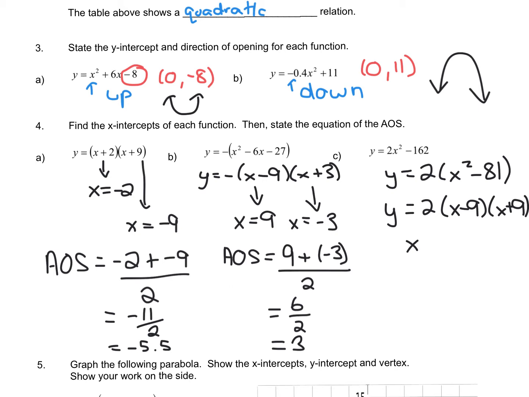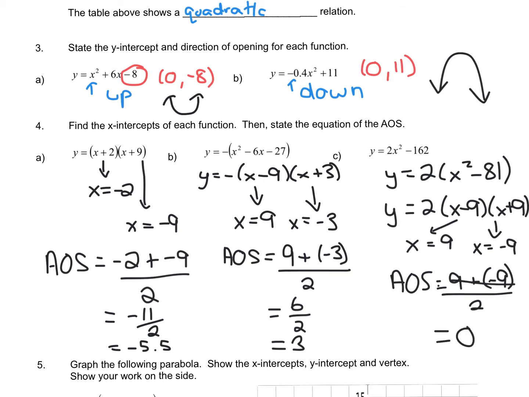So I find out that x equals 9 and x equals -9. When you get two values that are the same but opposite, so 9 plus -9, you're going to notice that they just become 0. If you notice that right from the beginning, then you don't have to continue on. So 9 plus -9 is 0. This parabola actually hasn't shifted anywhere.